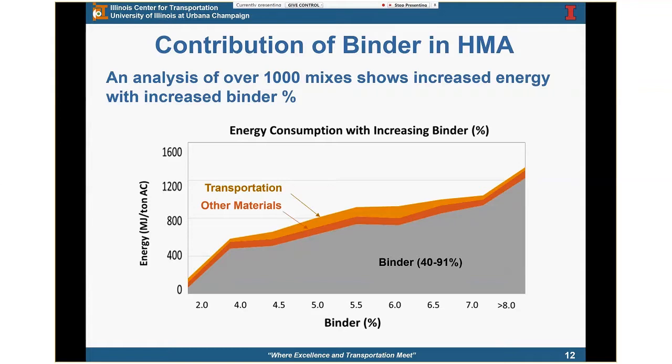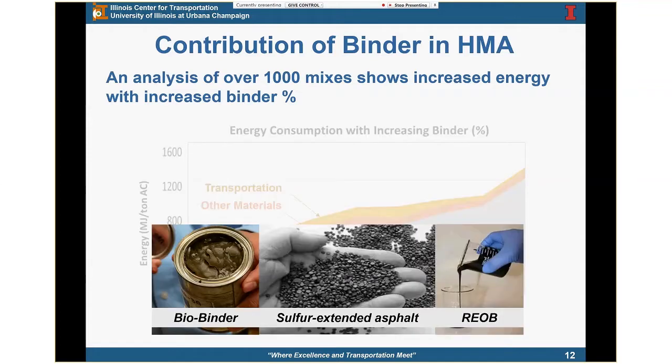If you look at that number, you will find that the energy that went into this 5.5 or 6% binder is almost 80% of all the energy that went into the mixes. So the binder itself is the biggest contributor to the energy use, and accordingly the greenhouse gases and the emissions. So we need to do something about this. That's why people think about biobinder or using sulfur or using rehab. So it's not just saving money, but it's also saving energy in the plant.